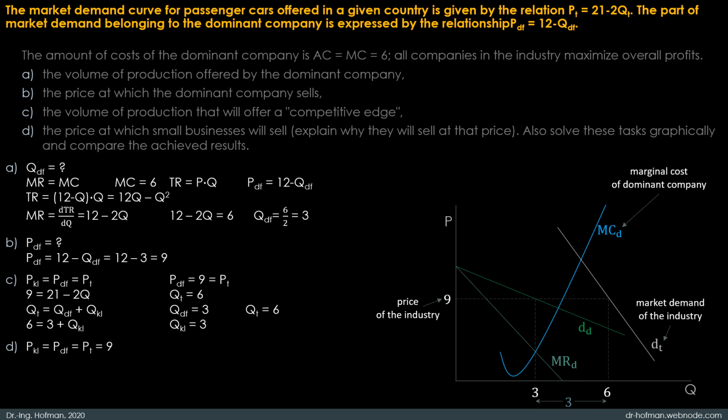That is what we know from the theory, so I wrote it like PKL equals PDF equals PT. We already know that PDF is 9, and if that's the same as PT, you have the price for market 9 also. 9 equals 21 minus 2Q, and from here QT is 6.